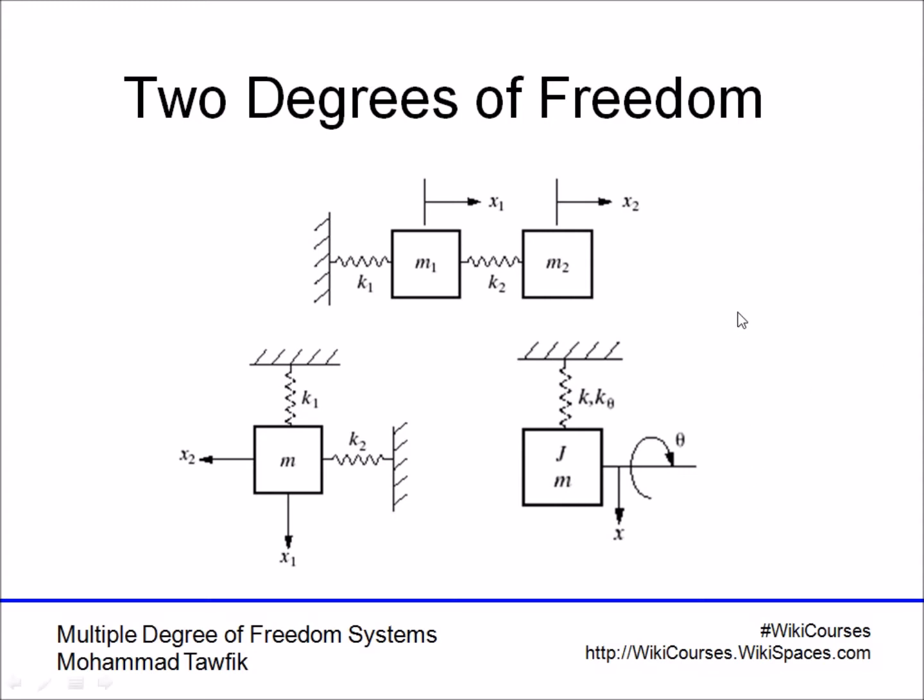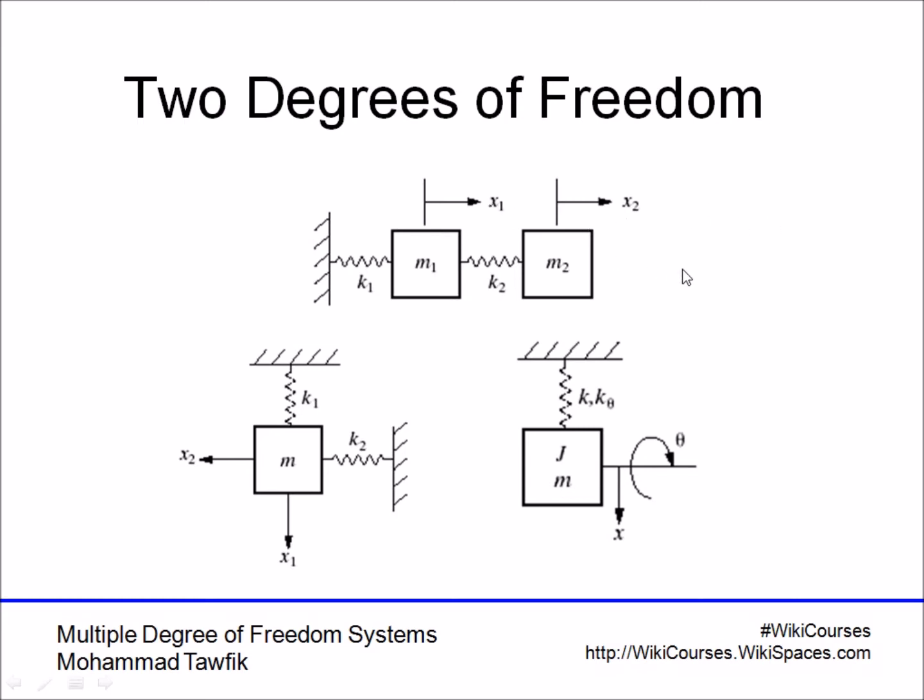Of course, we can imagine many different systems that can be described by two independent variables, but let's just focus for now on this simple system of two masses joined by springs and moving in the x1 and x2 directions.